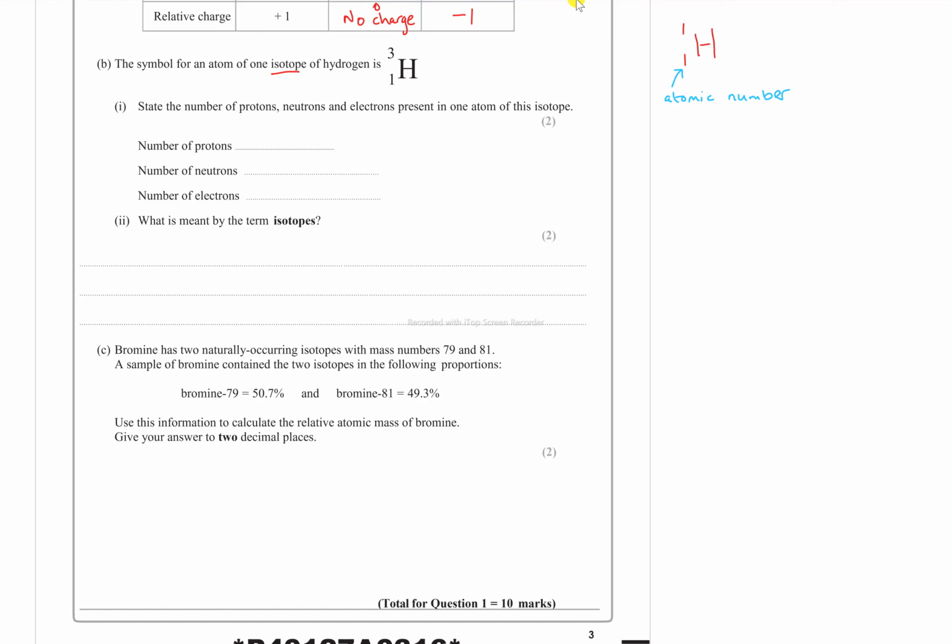And this here is called the relative atomic mass, RAM. This bottom number stands for the number of protons.